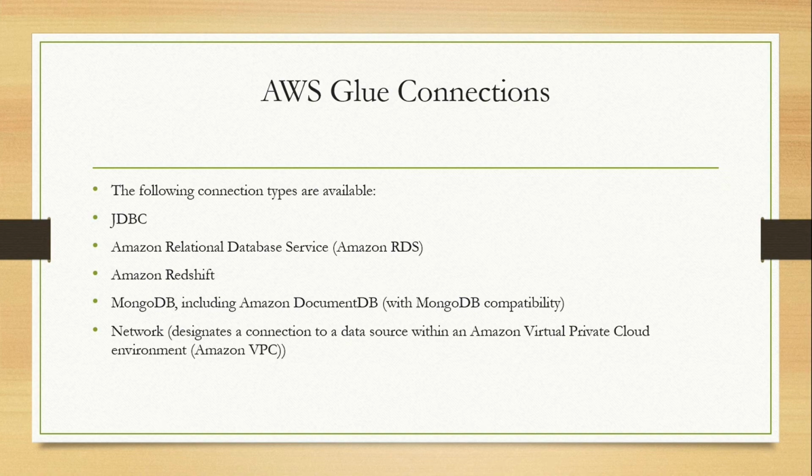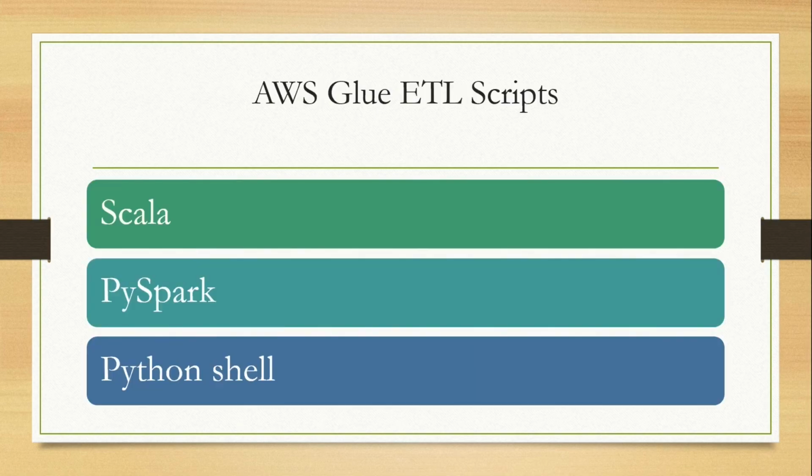And network, so you can connect to other sources which are already installed within the AWS environment in the VPC. For example, you installed MySQL on your EC2 cluster, so you can connect from Glue to the database on EC2 and read or write data.